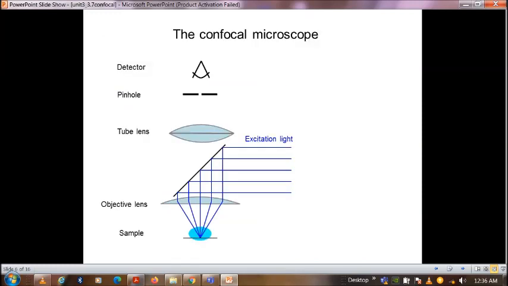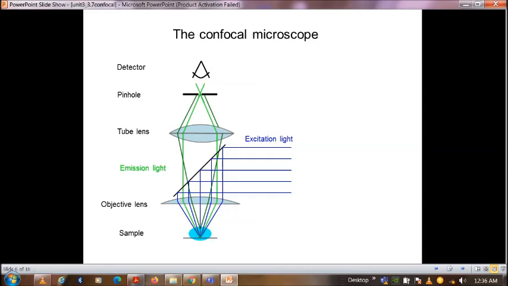The confocal microscope has excitation light, objective lens, tube lens, and pinhole detector like this. This is the arrangement. And the emission light is the light emitted back from the sample towards the detector end. So this is how the detection occurs with the pinhole characteristics.